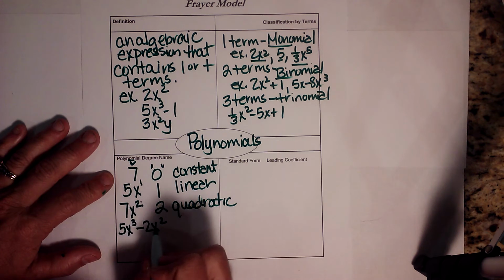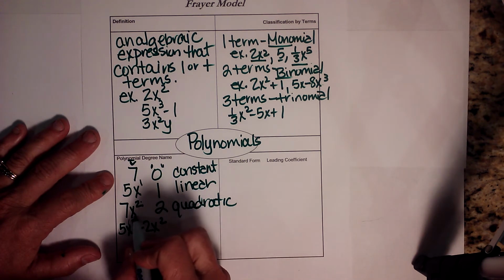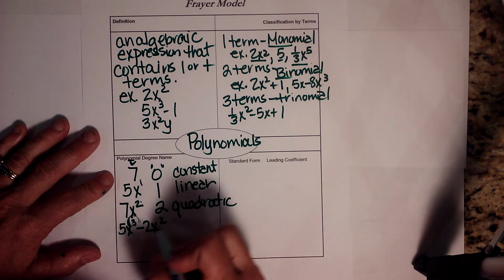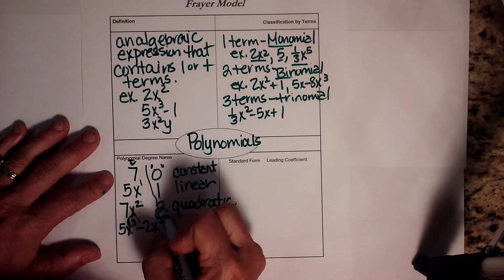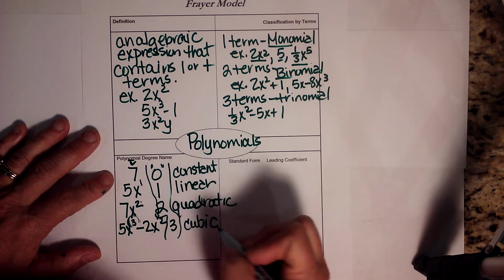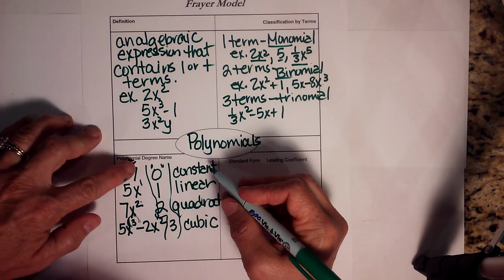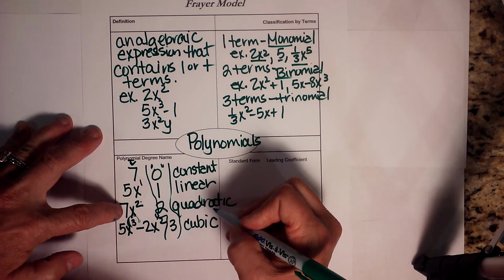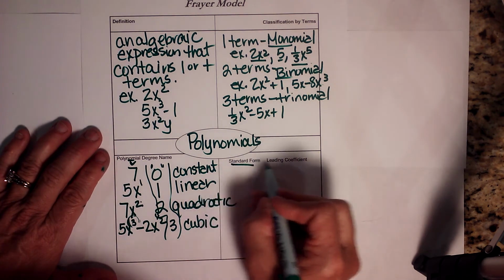Now notice this one has 2 terms. I don't look at this lower degree, I only look at this larger degree. So since this is a third degree, the degree is 3. I'll make a little chart here, sorry about that. This is called a cubic, and that's how those work. So you got constant is one with no variable, linear has a first degree, quadratic is second degree, and cubic is third degree.